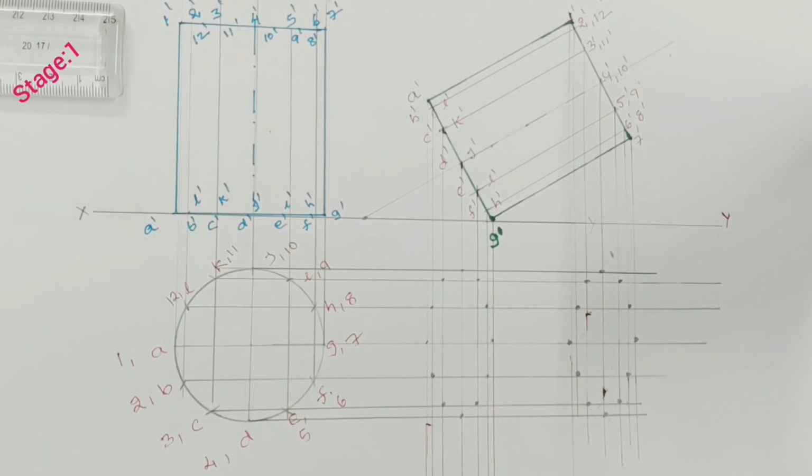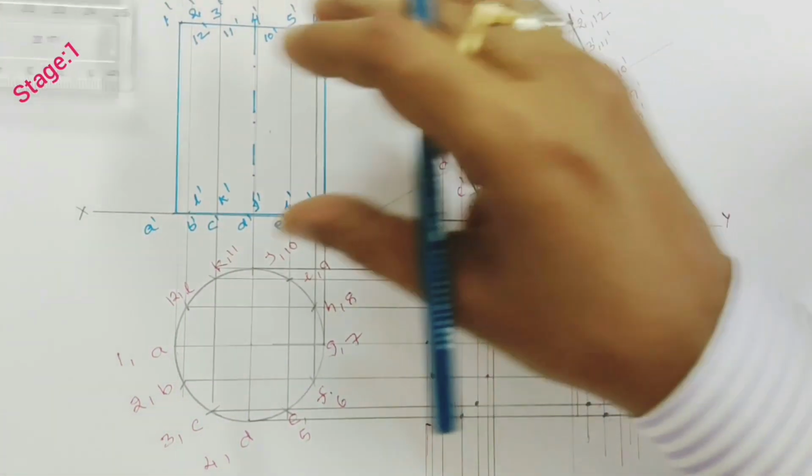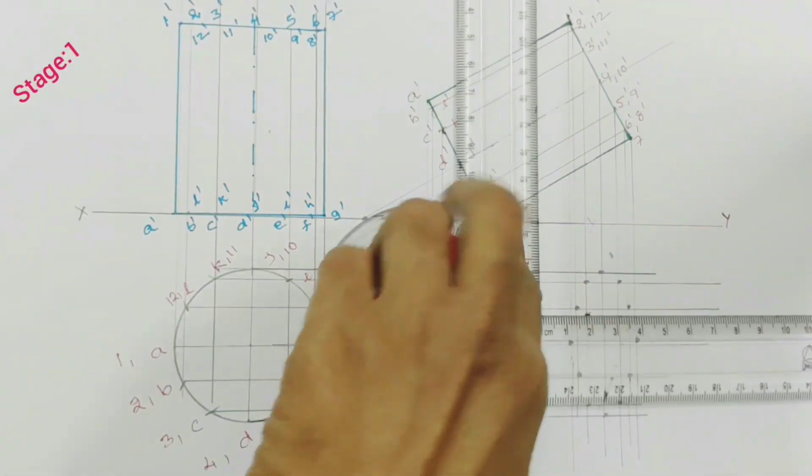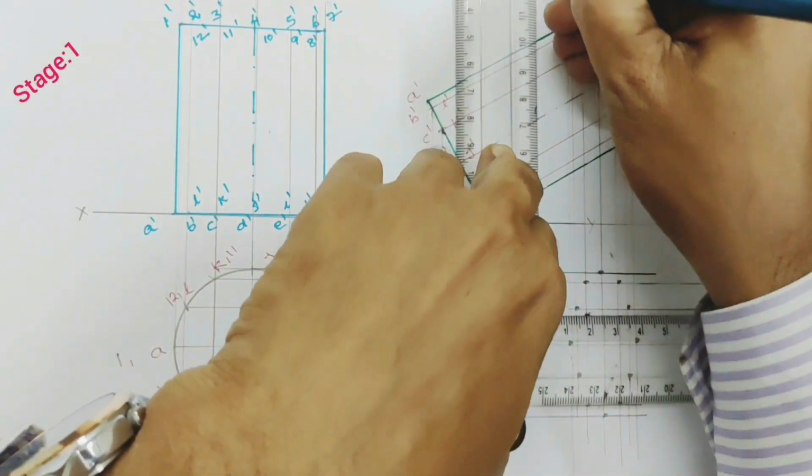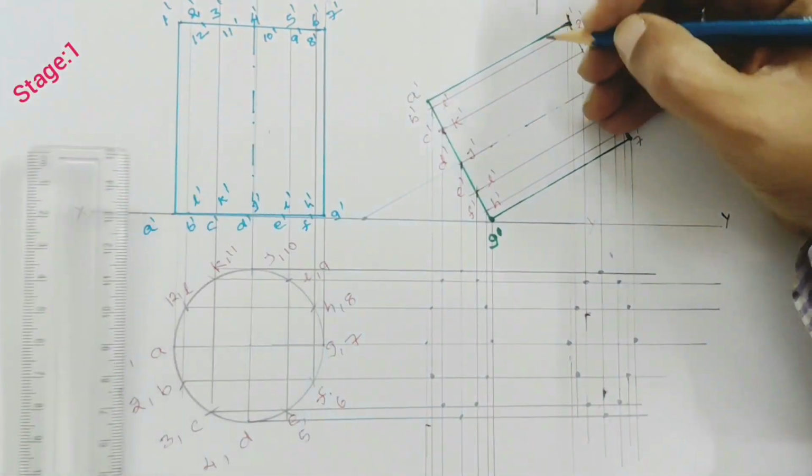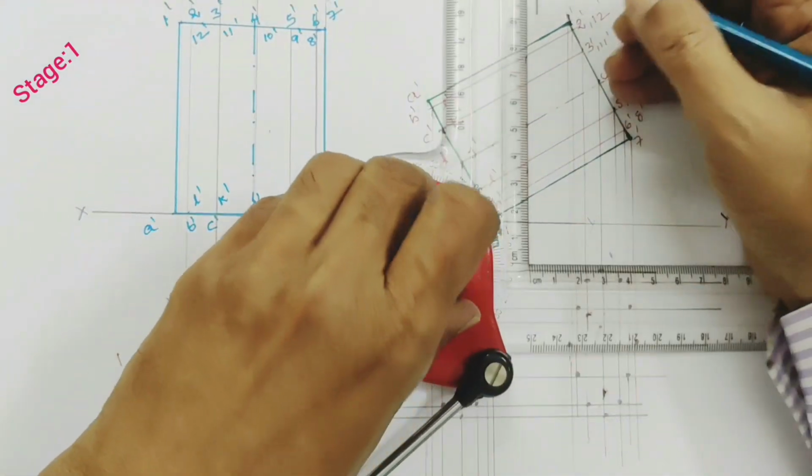After locating the intersection points, then here we are drawing the top view.